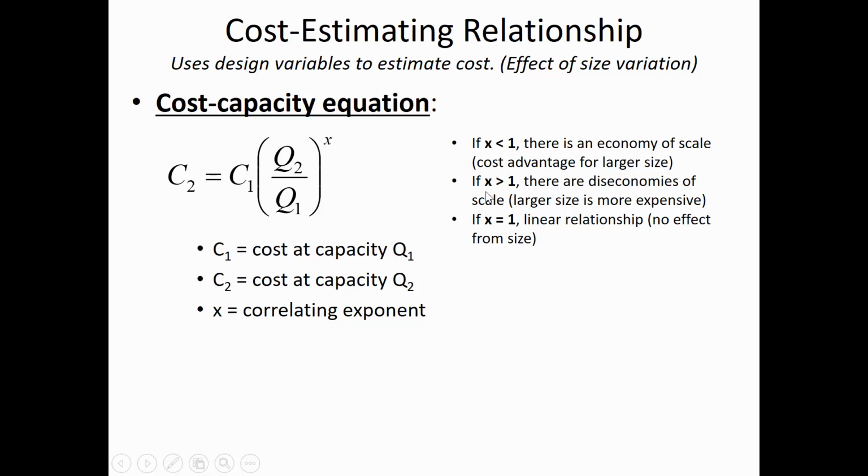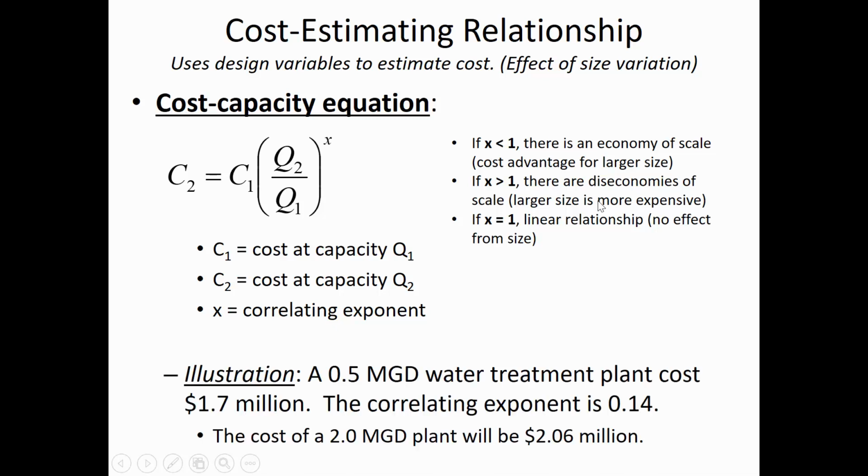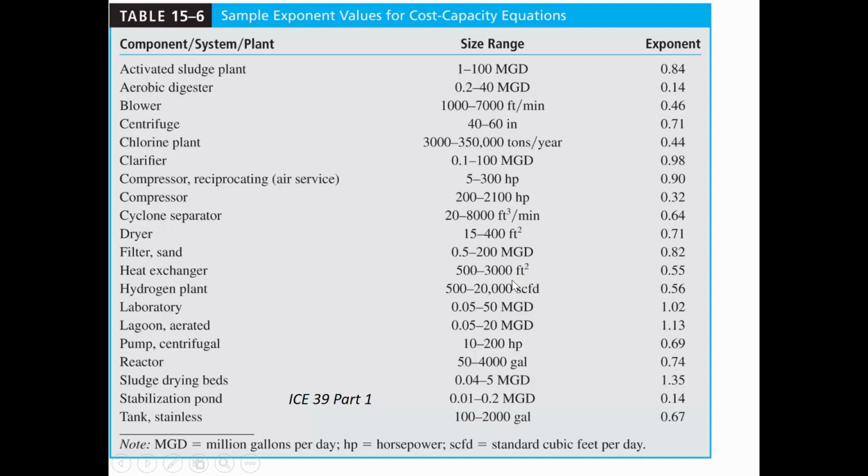There are some things, though, where there's a diseconomy of scale, which means the bigger you make it, the more expensive it becomes. So let's look at a table that illustrates some of that data.